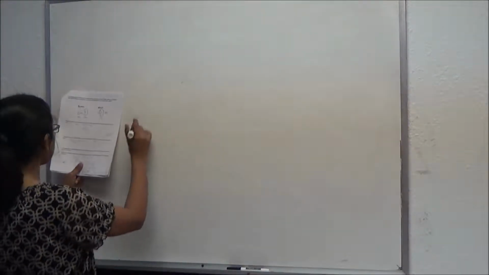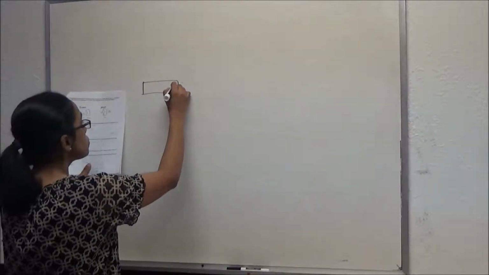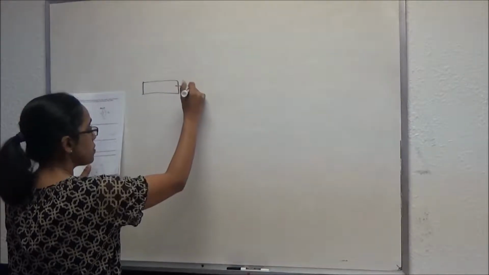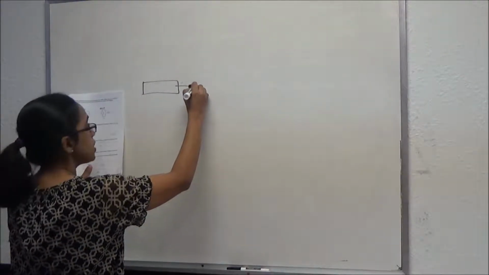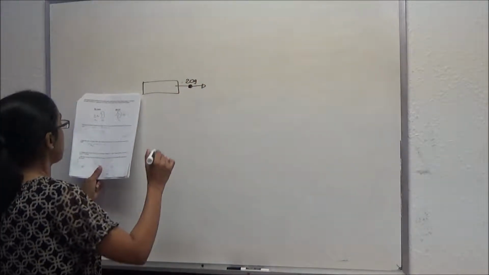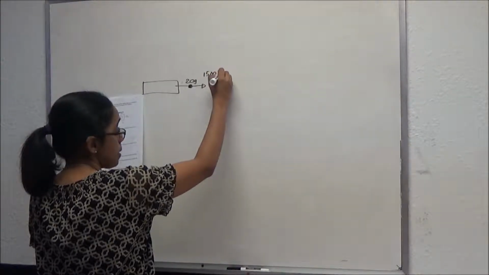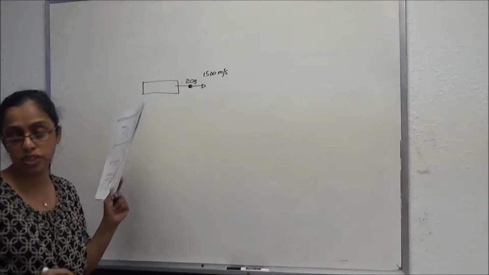A 4 kg rifle, this is the rifle, okay, fires a 20 gram, this is the bullet. So this is a 20 gram with a velocity of 1500 ms minus 1. So imagine the velocity.